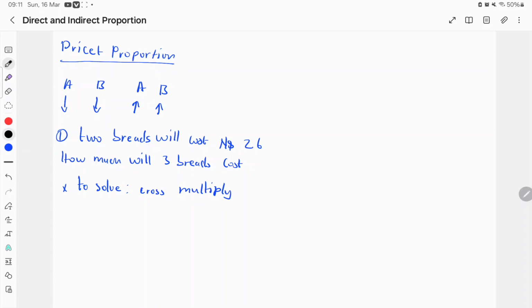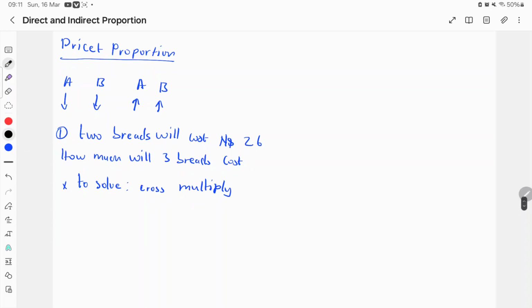You have the number of bread and you have the cost. Two breads will cost exactly $26. Three breads, you don't know, it's x. When I say cross multiply, I mean you multiply like this.